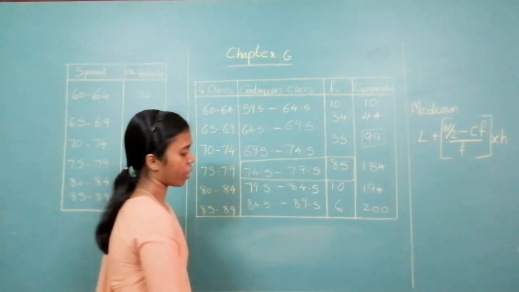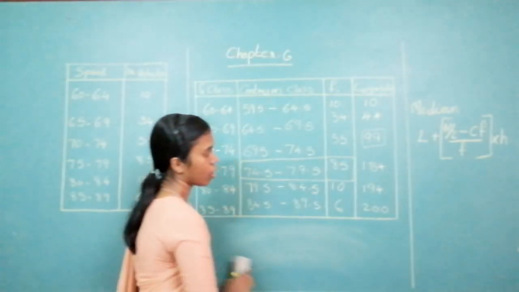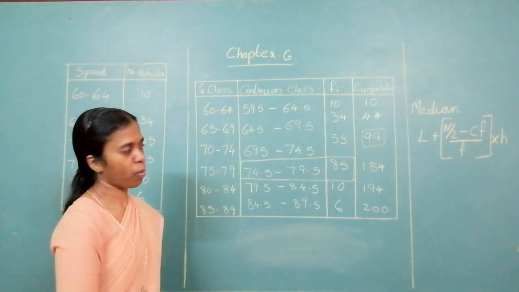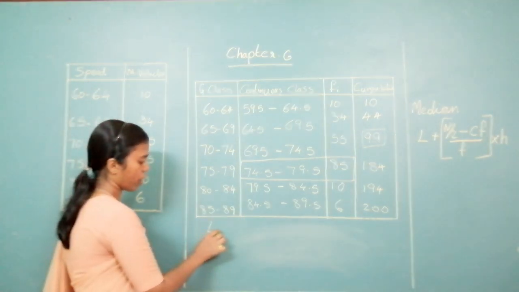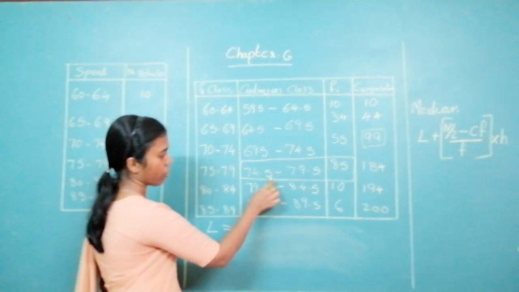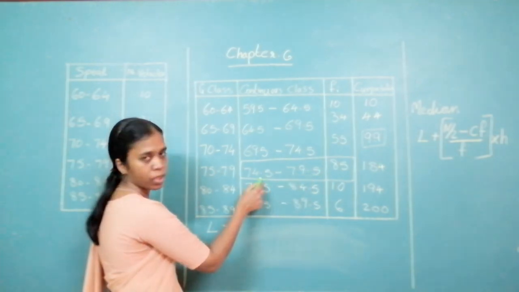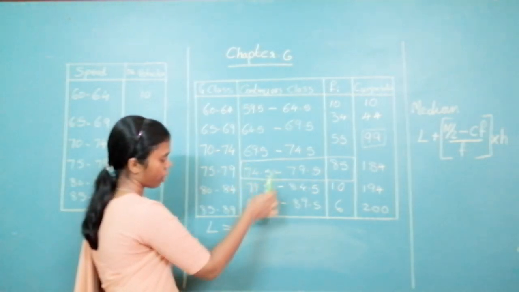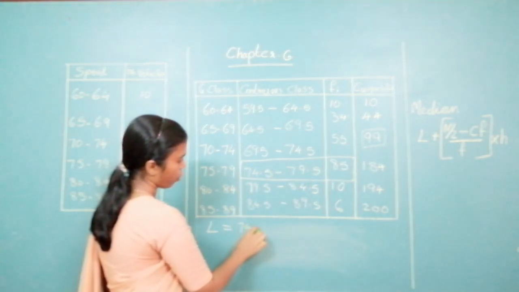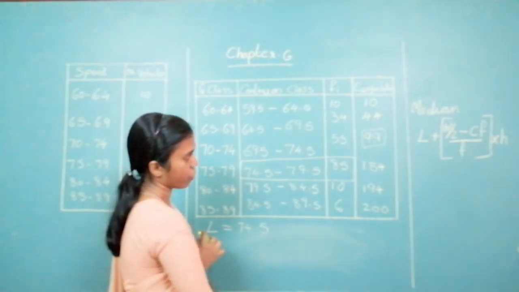Now we have to find the median. We will put it in a formula. So what will be the lower limit? This is the median class, so which is the lower limit over here? 74.5.